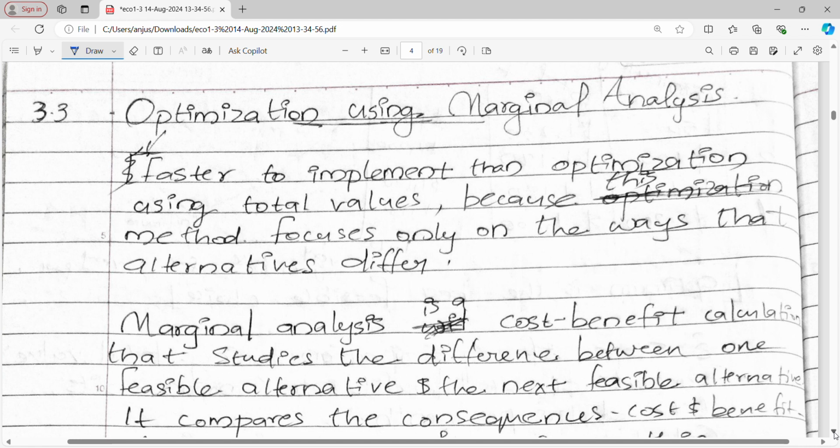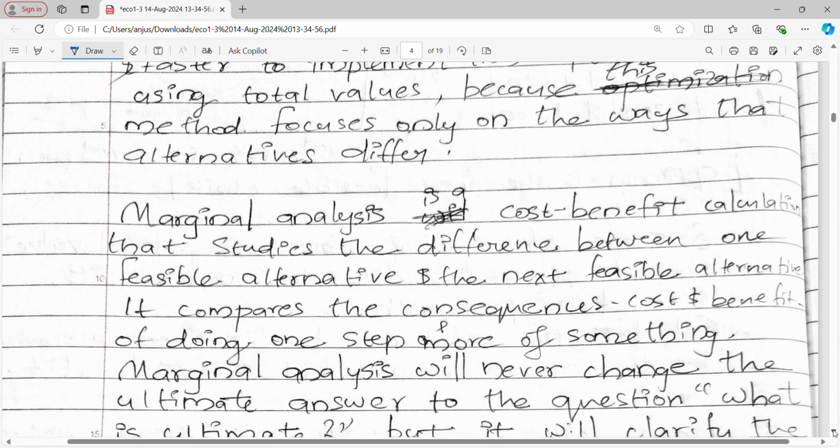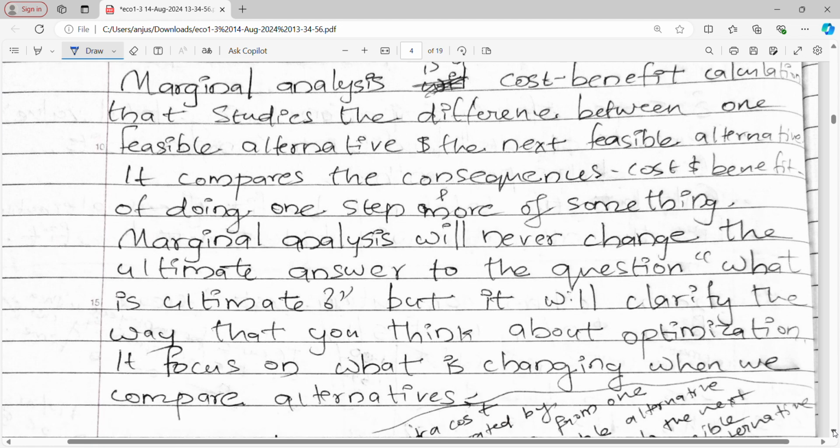So here, this is much faster to implement than optimization using total values, because this method focuses only on the ways that alternatives differ. Marginal analysis is a cost-benefit calculation that studies the difference between one feasible alternative and the next feasible alternative.